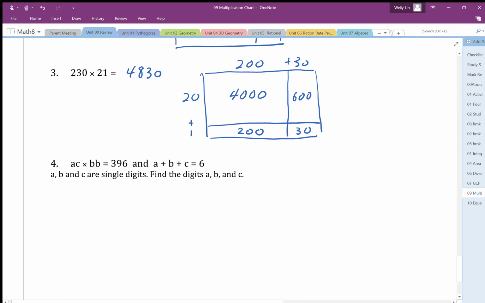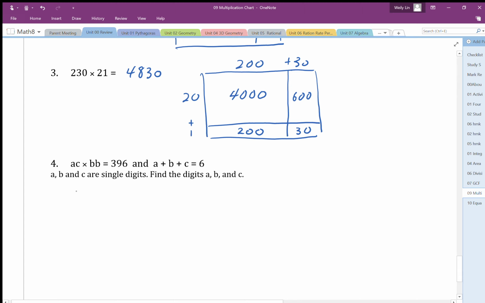So lastly, we have this problem here. This is a little bit more challenging, but we can think of some ways we can do this problem. So we have AC, our digits, times BB equals 396, and we know that the 3 digits add up to 6.